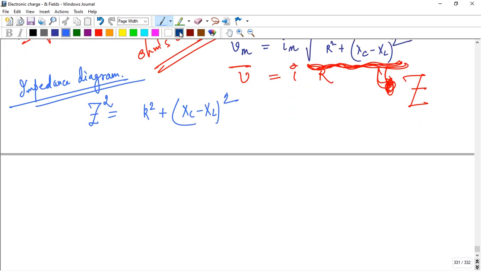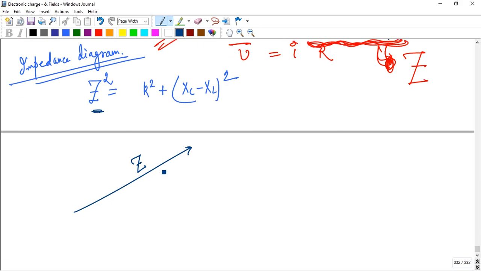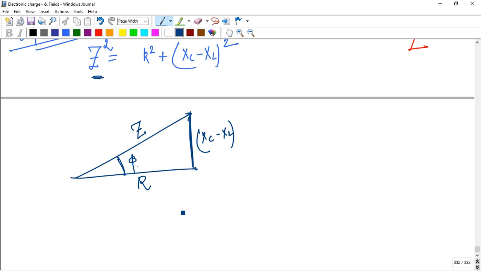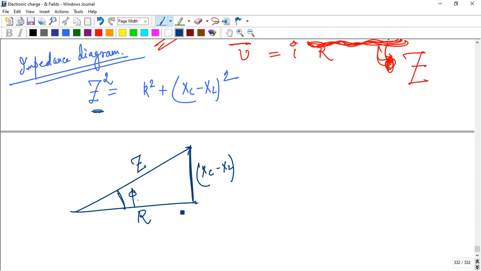Suppose Z represents the hypotenuse, and R represents the base, and this line represents XC minus XL. And this angle is phi here. That's the impedance diagram. Very easy to draw.